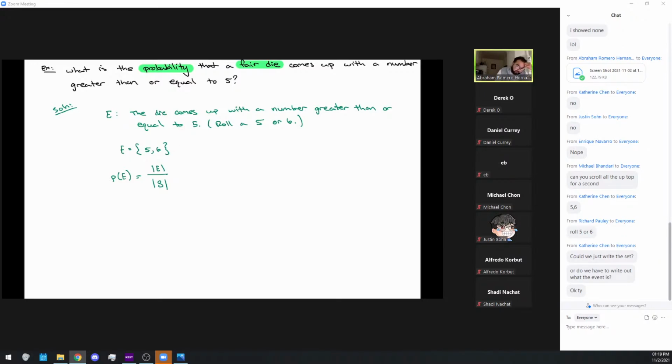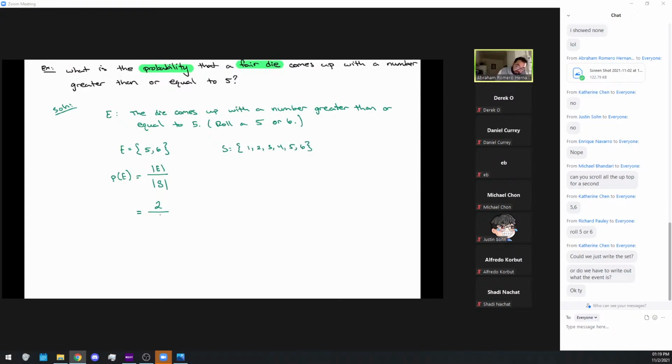Okay. Now, the probability of E, the cardinality of E, that would be 2 divided by the cardinality of S. What is S? Well, that is the sample space of the die. If you don't know the sample space, it's always best to write it out. 1, 2, 3, 4, 5, 6.